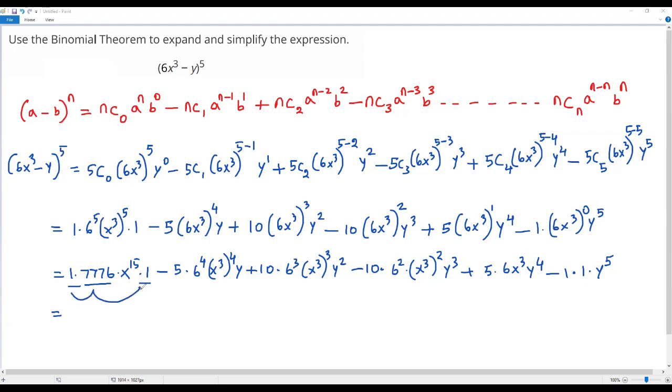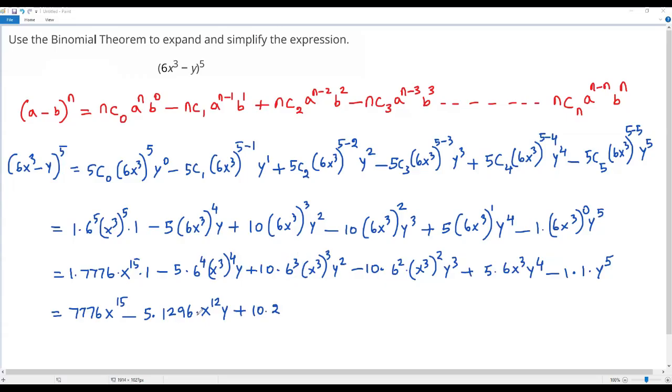When I multiply these three numbers, I am getting 7776, and we have x to the 15th power, and we have negative 5 times, we have to get the value of this 6 to the 6th power. So that is 6 to the 6th power is 1296, and here we can multiply these two exponents, and I'm getting x to the power of 3 times 4 is 12 times y positive 10 times, we have to get the value of this 6 to the third power.